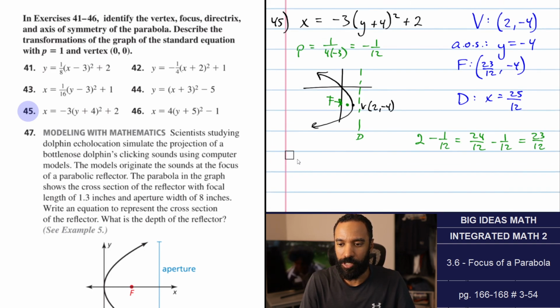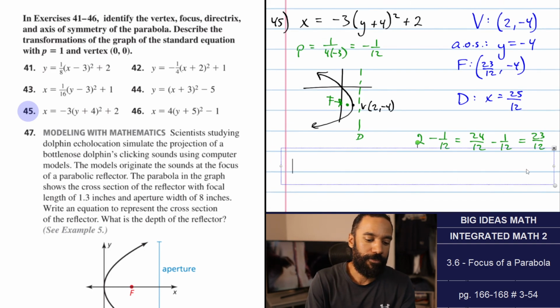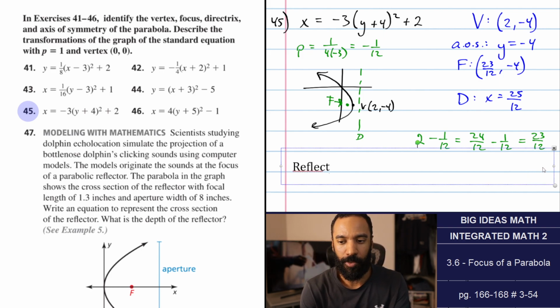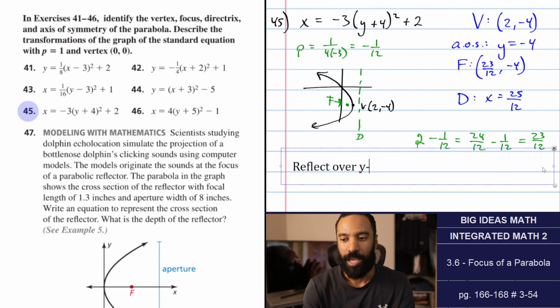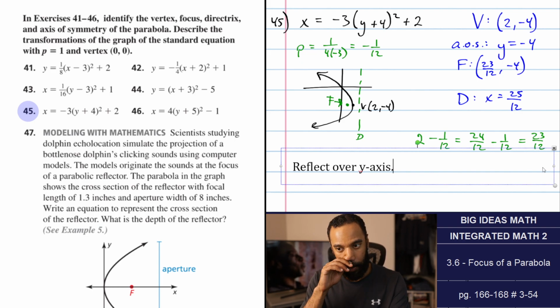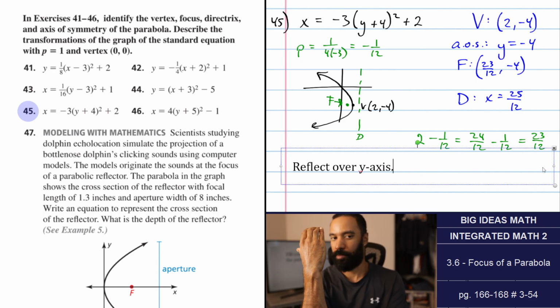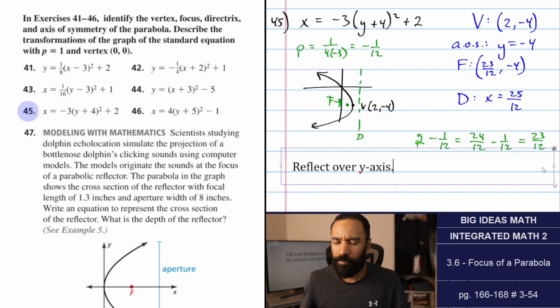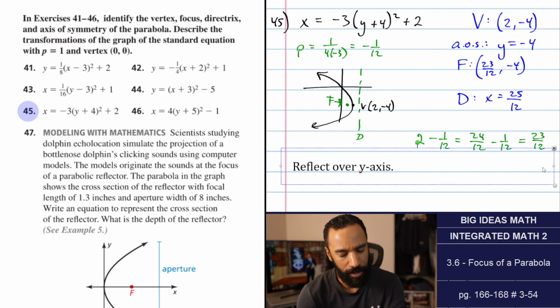As far as transformations go, we reflect. This time we don't reflect over the x-axis, but we reflect over the y-axis because it is an x equals y squared equation. It's going to be going instead of that way, but that way. P is 12 times smaller, so A is going to be 12 times larger.